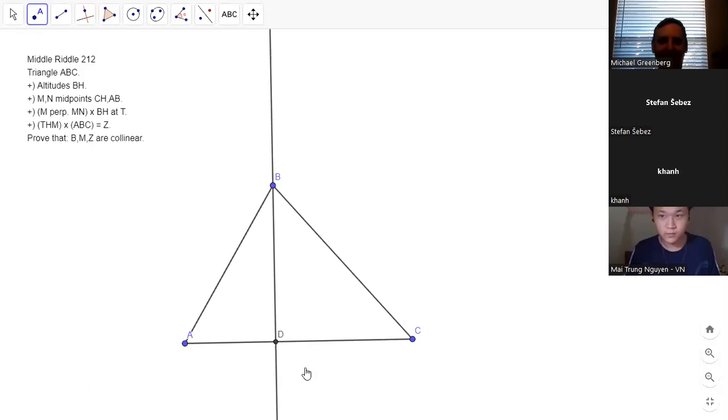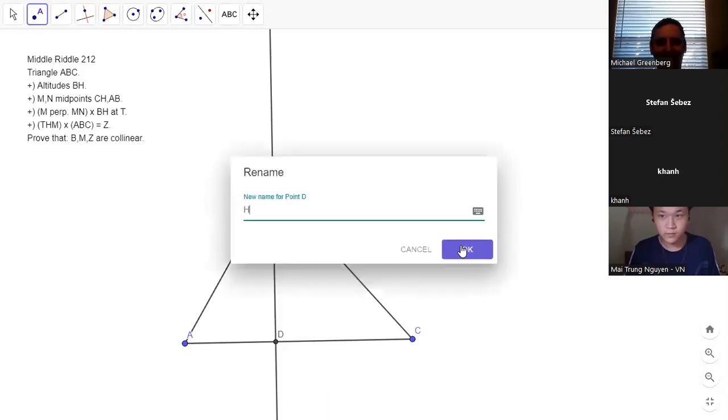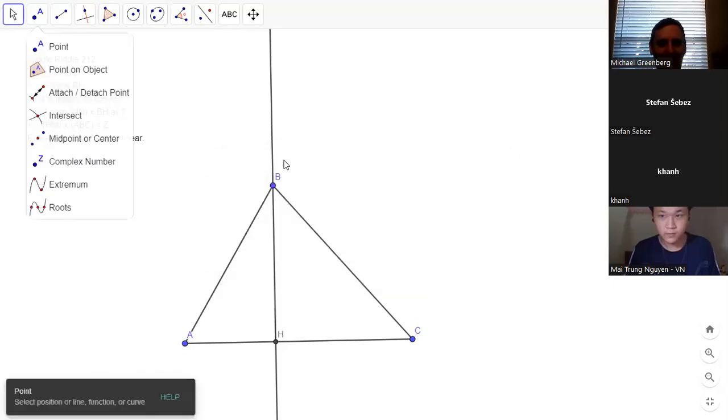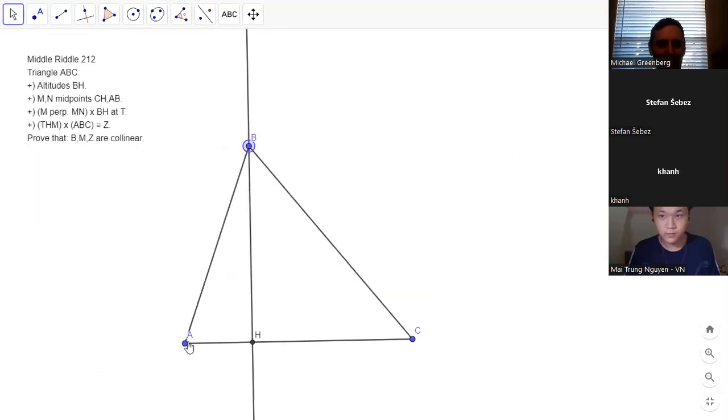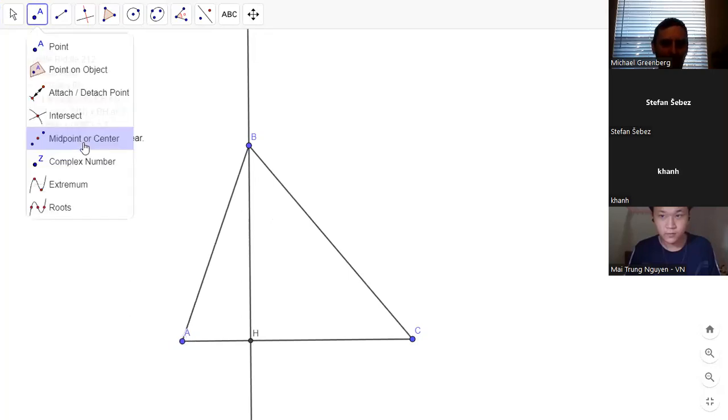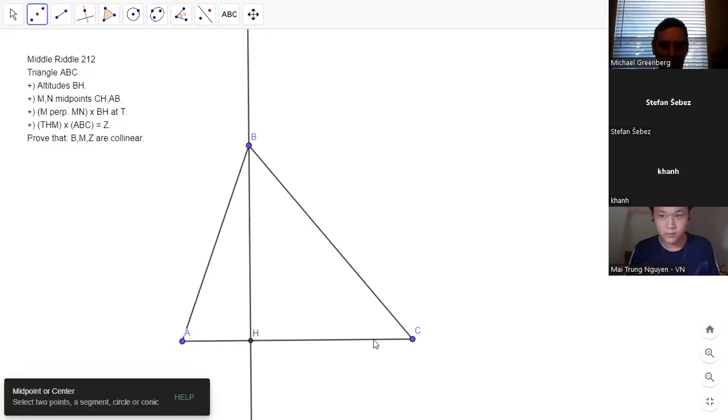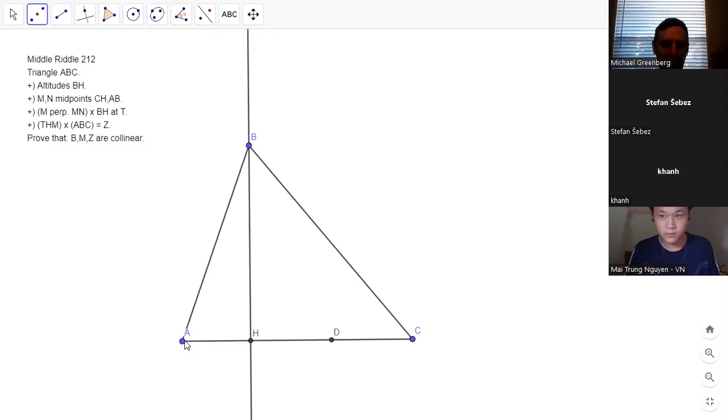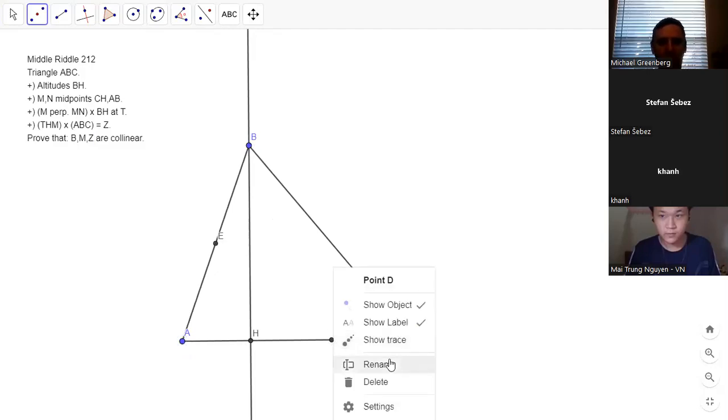Yeah. So that was not bad. And M and N are the midpoints of CH and AB. This is M. And this is N.